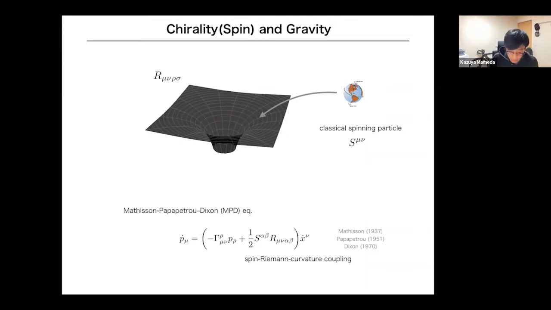So this is one of the motivations of our work, and I will show that actually chiral fermion can be affected by the Riemann curvature.